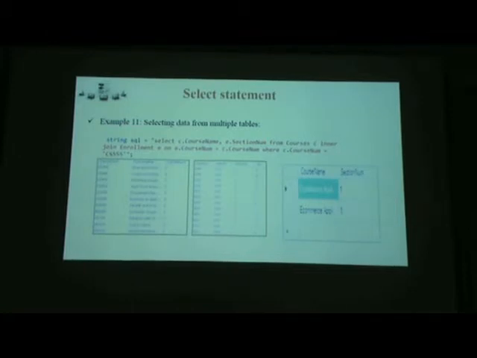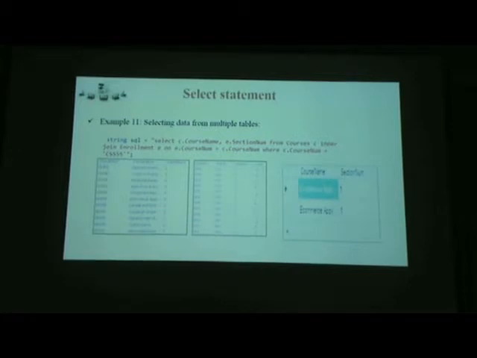So for example, select data from multiple tables. If I give the courses table the alias C, and the enrollment table the alias E, then we can write select C.course_name, E.section_num from courses C inner join enrollment E on, as I mentioned, there has to be one column which is common between the 2 tables.